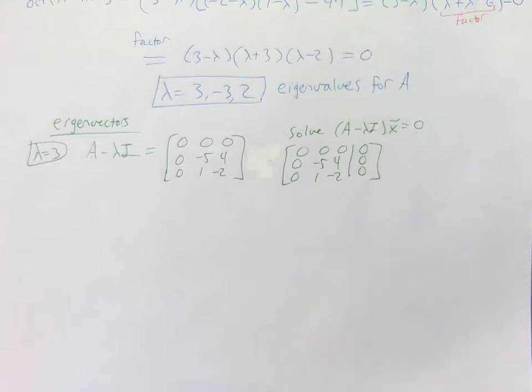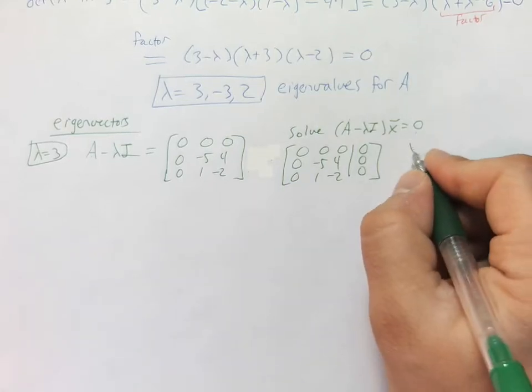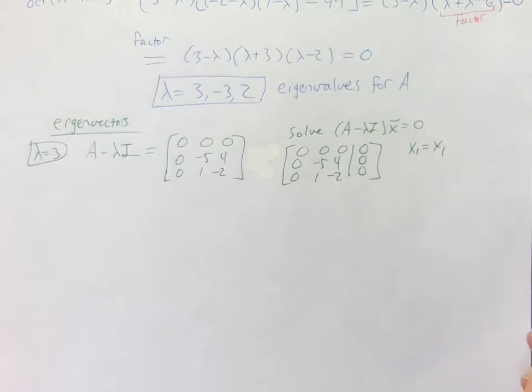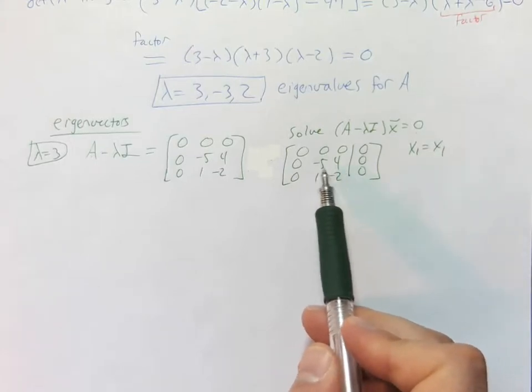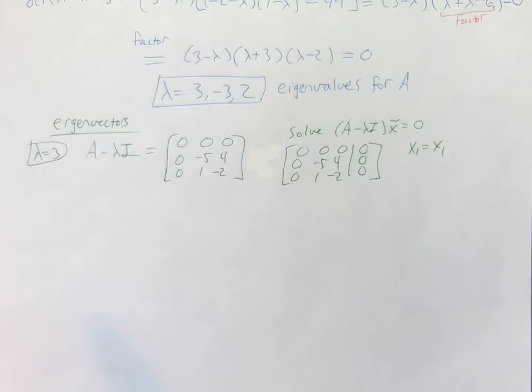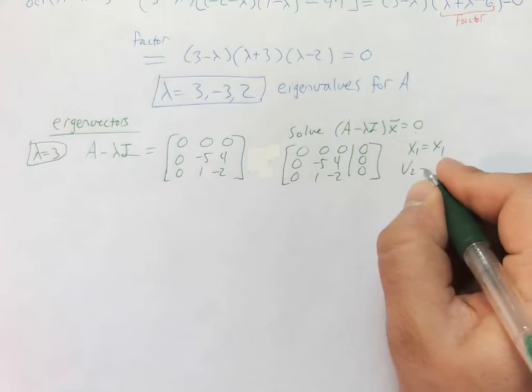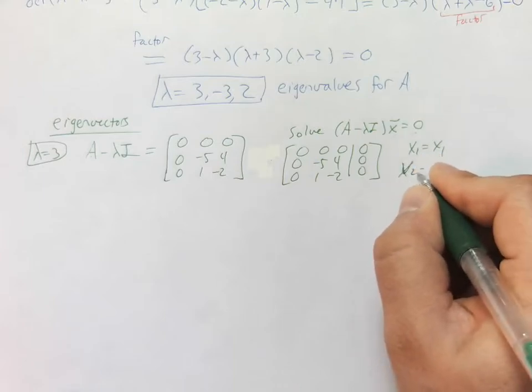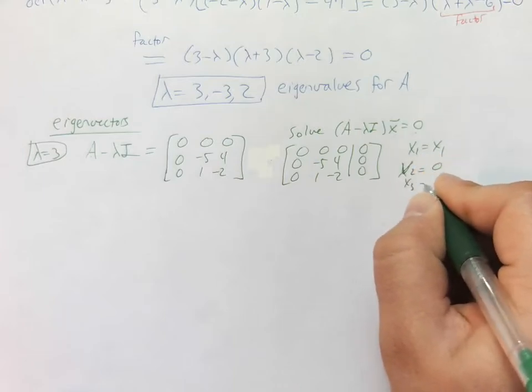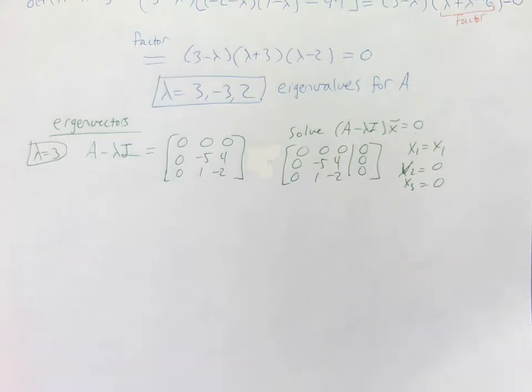So x1 equals x1, and then we can solve one of the others here to realize that x2 is 0 and x3 is also 0 when we solve this matrix.